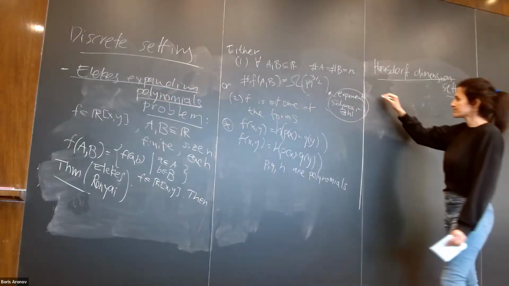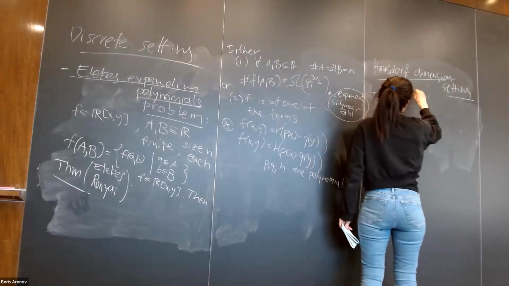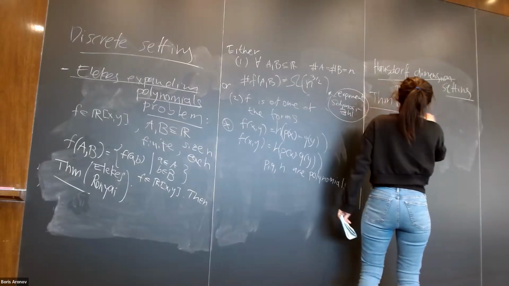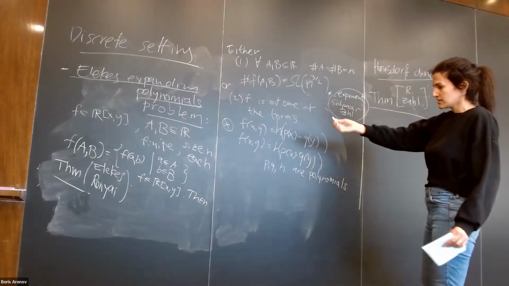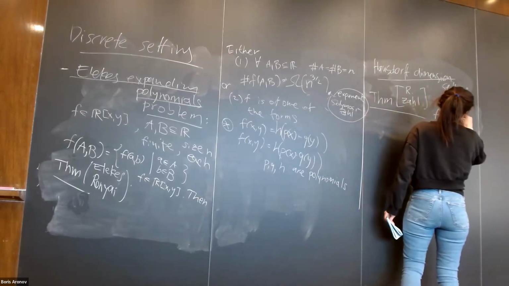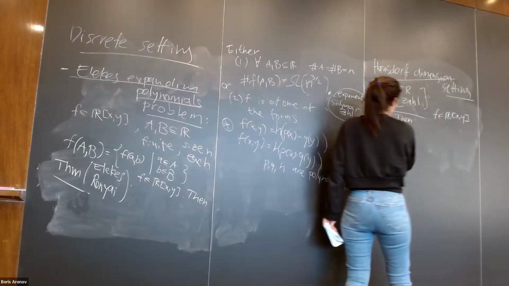So a theorem, which is a joint work with Josh Zahl: we proved that if f is a polynomial of two variables, then one of the following holds.